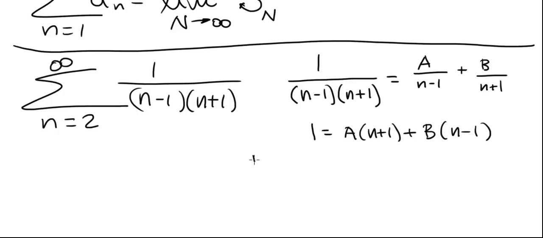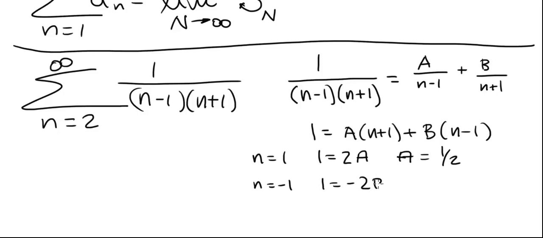Now let's plug in n equals 1. That gives us 1 equals 2A. So A must be 1/2. And we plug in n equals minus 1. That's 1 equals minus 2B. So B must be minus 1/2.